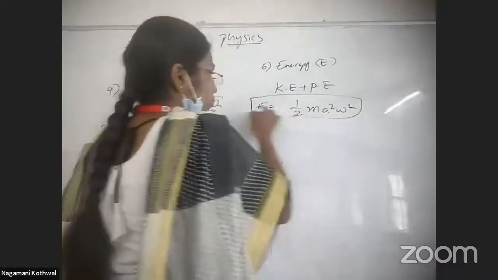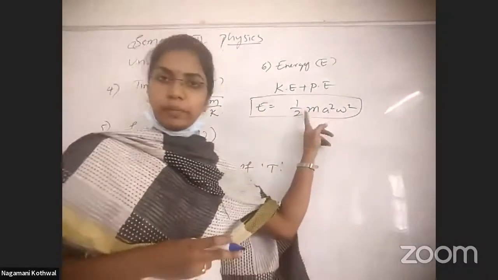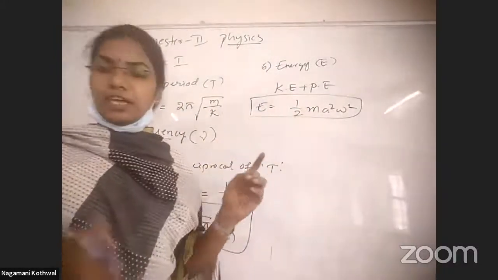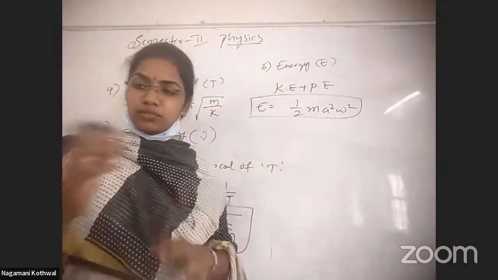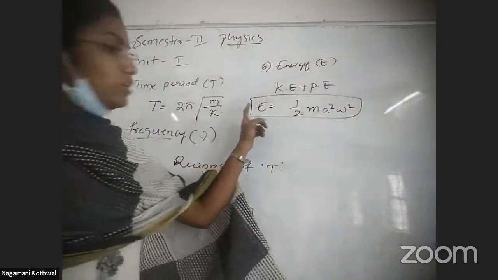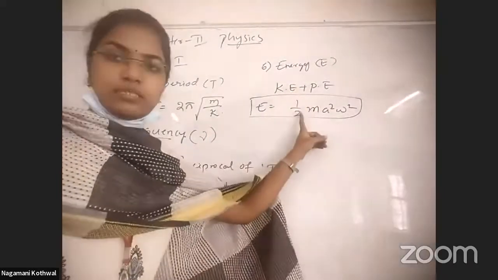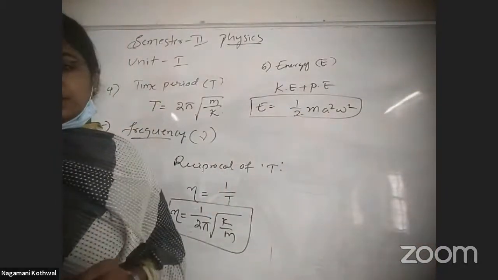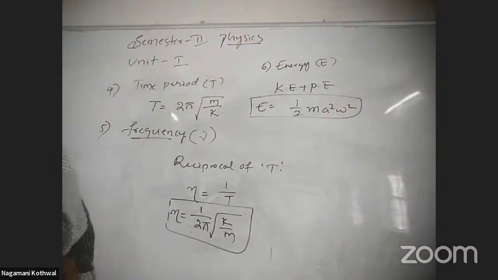If you want to derive it, you can derive it. I have the derivation also, but no need. If they ask you to derive it, then you can. It is just a combination of kinetic energy and potential energy. I will send you the PDF, you can check it.